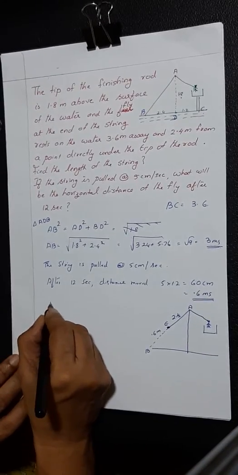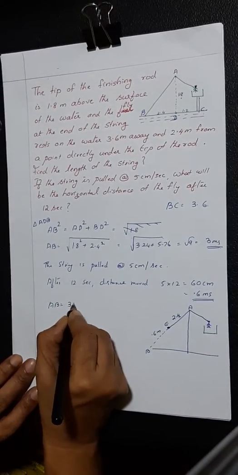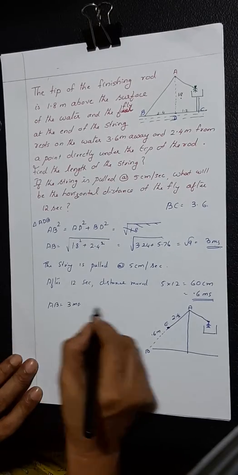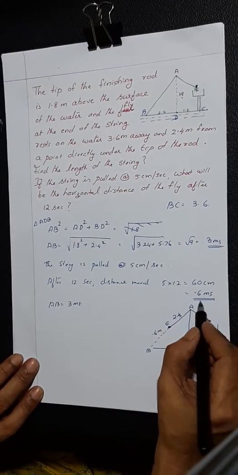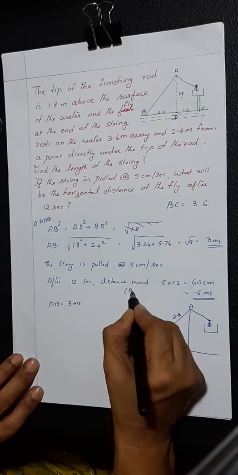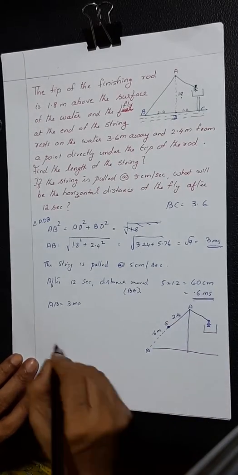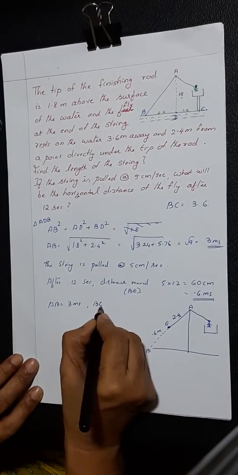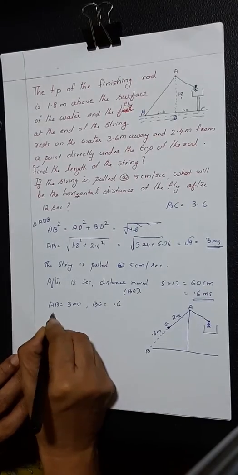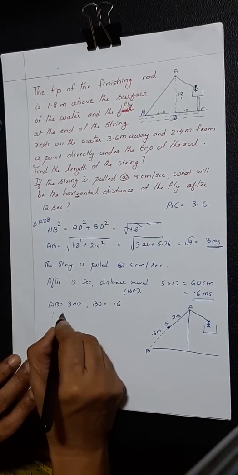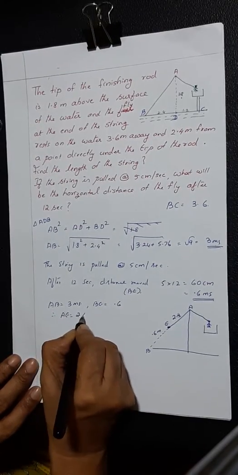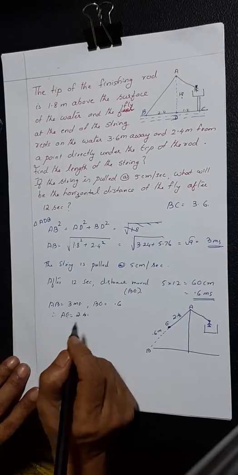AB is equal to 3 meters, BE is 0.6. Therefore AE is equal to 2.4.